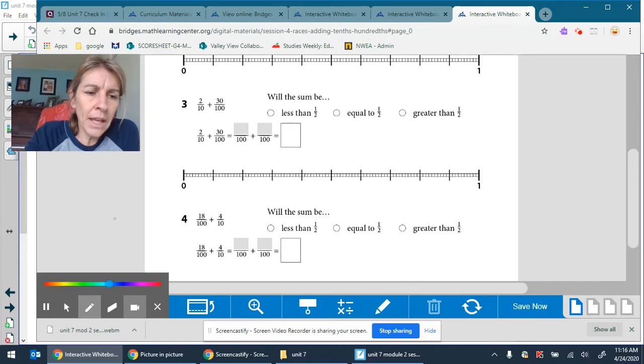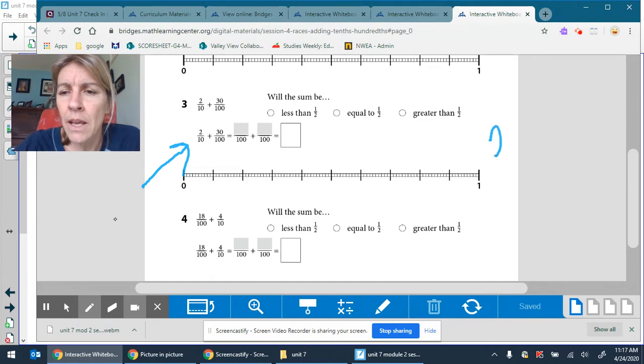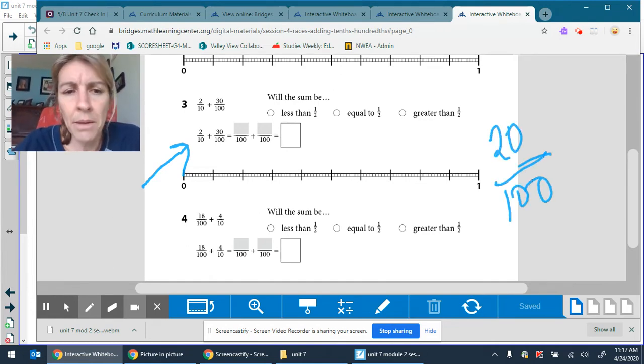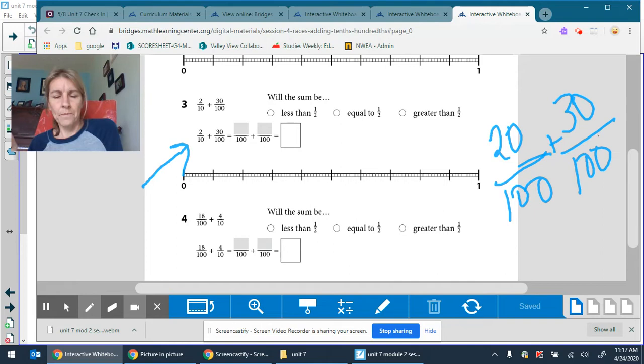I know 2/10 is 20 out of 100, because 2 strips out of 10 in what we worked on last time. So I'm going to make it easier on me and change the 2/10 to 20 hundredths in my mind, so I can add them together correctly.